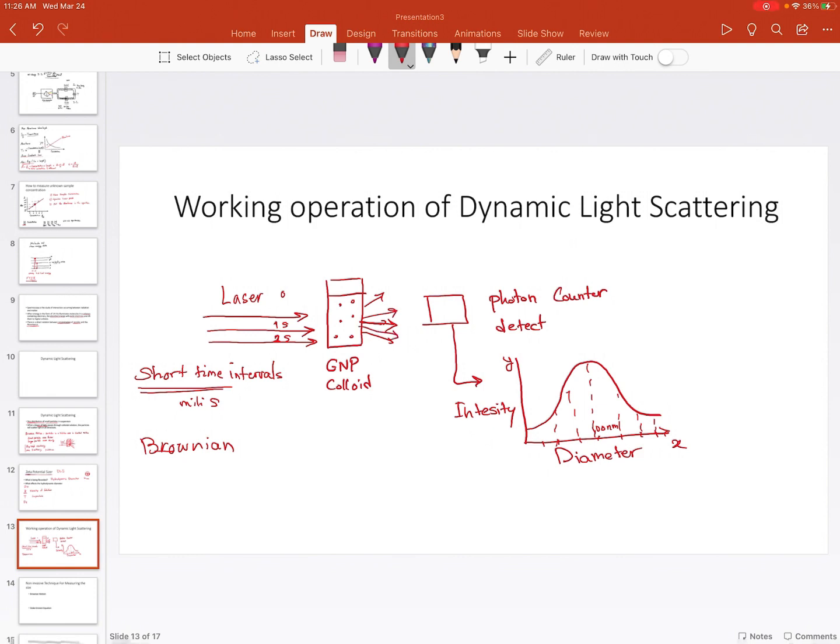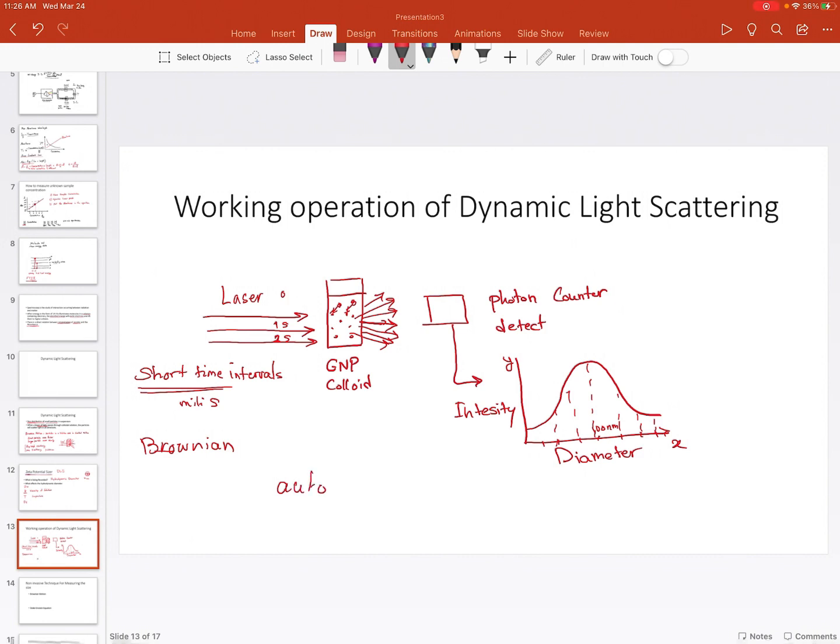At time 1 millisecond, we have another specific scattering. At time 2 milliseconds, this scattering intensity is going to be different. The reason is that these particles are in constant motion, and their positions with respect to each other are going to change. So how this scattered light is going to get diffracted is going to change as well.